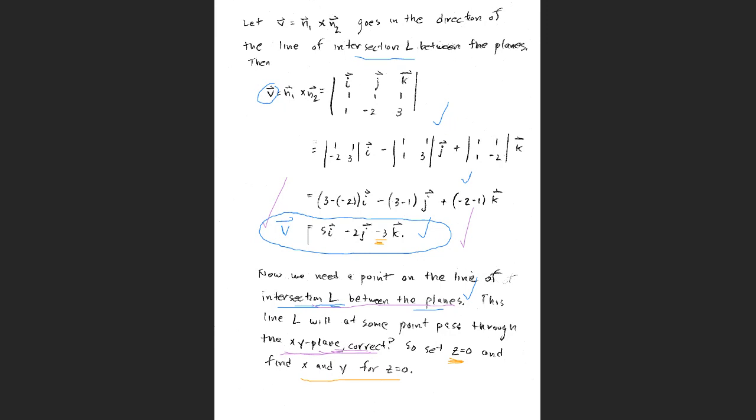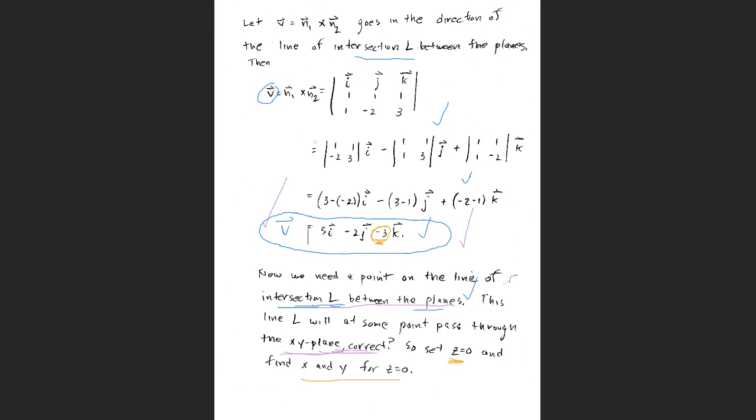No. Let me take that back. I have to be a little bit careful here because all we know is the direction that the line's going in. But look, the direction the line's going in is not horizontal, because the third component isn't equal to 0. So this is not a horizontal line.